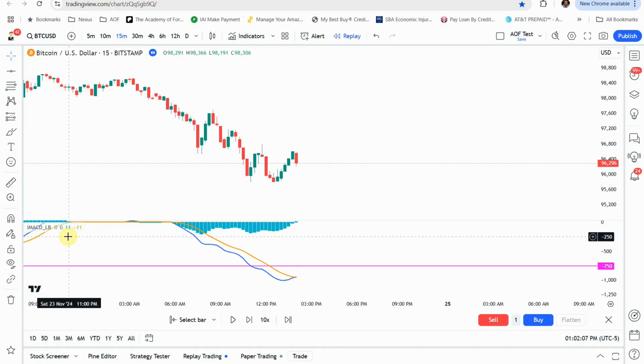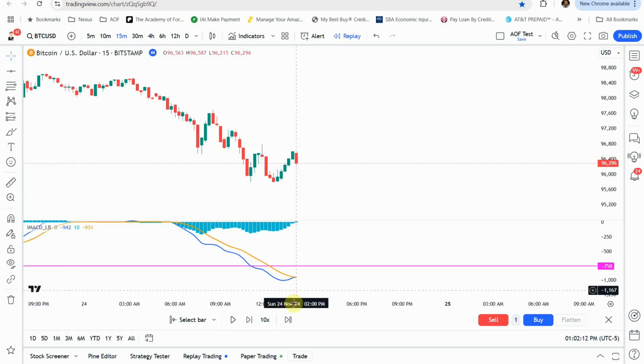But if you look at these coordinate numbers right above my mouse, if I hover over these two lines here, you can see the darker blue color is at negative 942 and the orange color is at negative 951. Because we are in the negative and it's going up, the smaller number is above the larger number. And so the blue line has crossed up above the orange line right here.